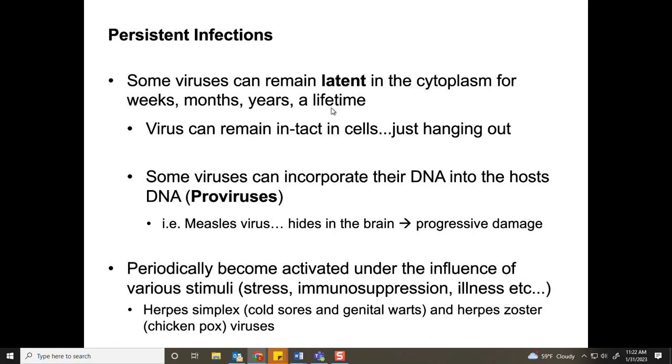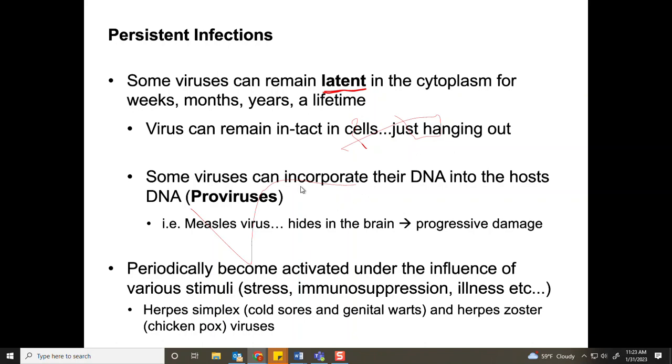They remain latent in the cytoplasm, and they can stay there for weeks, months, years, or even a lifetime. They're basically just kind of hanging out, is what I like to describe it as. They're not actively causing an infection, but they're still there.